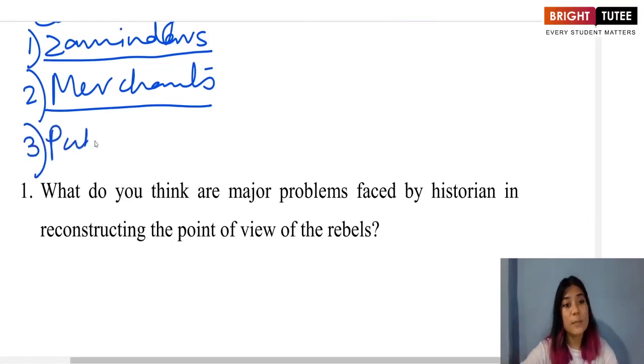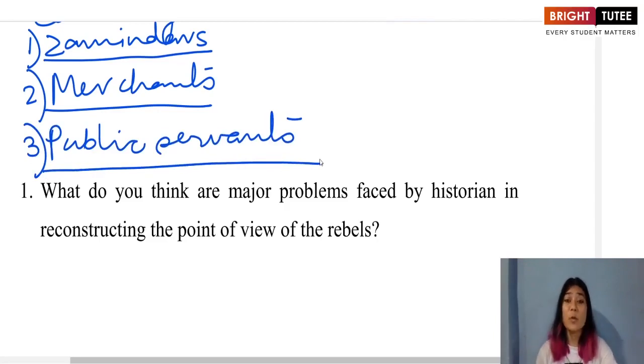Number three, the public servants, right? The Indian public servants were angry with the British because all the higher posts were reserved for the Europeans, and not for any Indians.